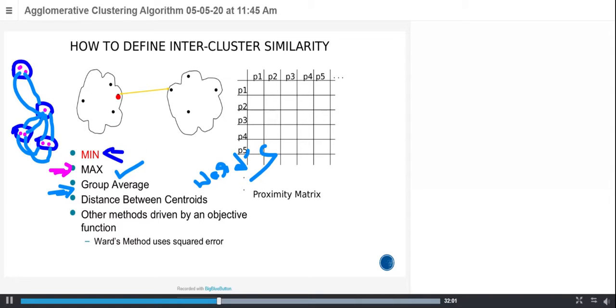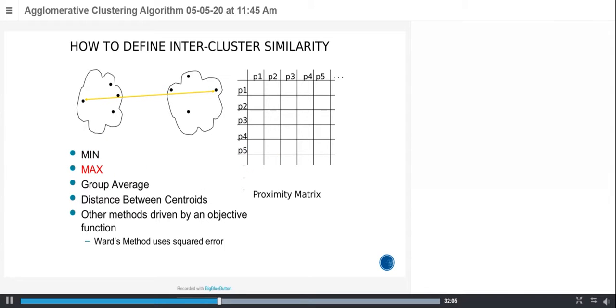First one is minimum. We are going to choose only the closest point. And the second one is maximum. Instead of choosing the closest point, here we are going to choose the farthest point to calculate the distance. Next one is group average, so we are not going to consider only the closest point or farthest point.